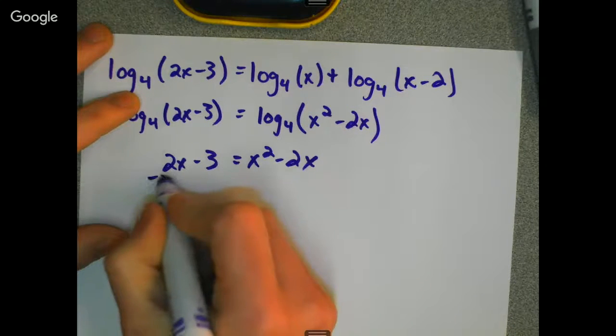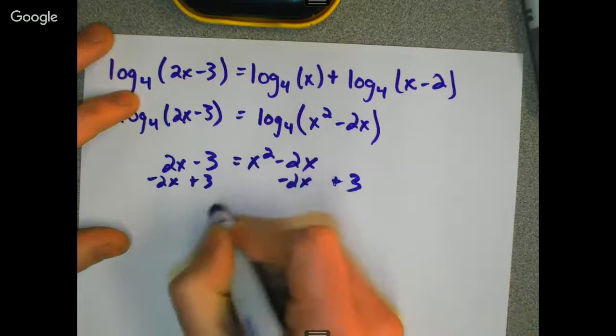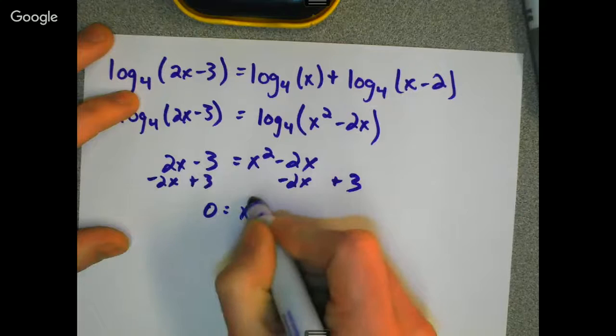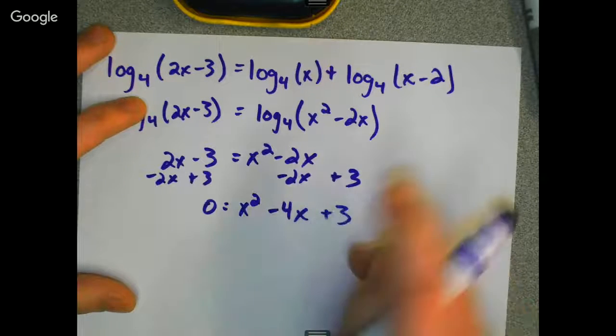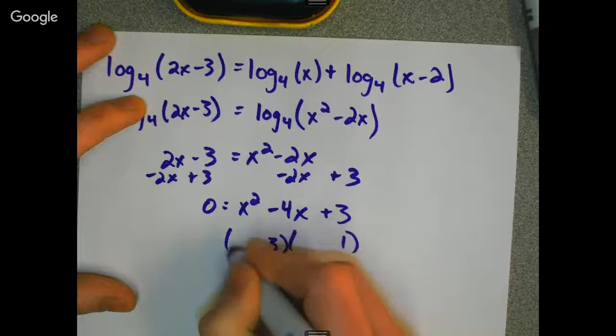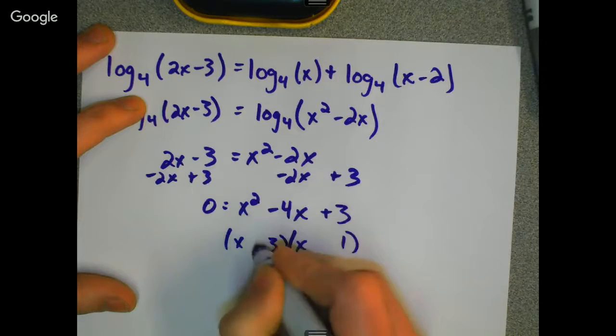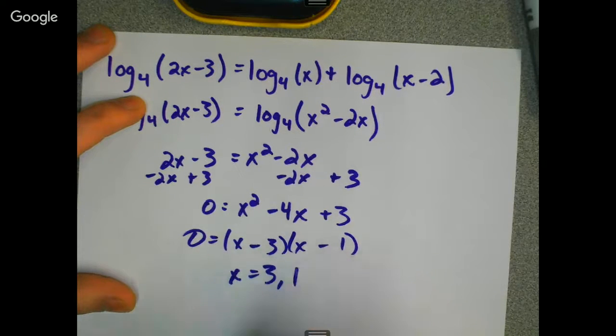So minus 2x plus 3. So 0 equals x squared minus 4x plus 3. So factors of 3 that add to 4. That's 1 and 3. The signs are the same, they're both minus. So x is 3 and 1.